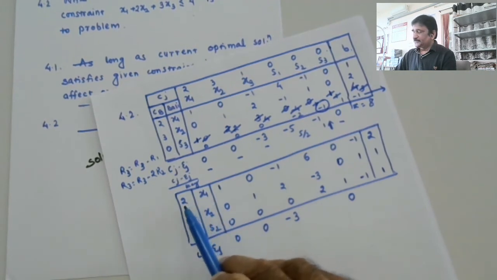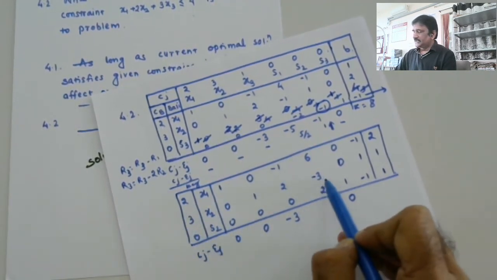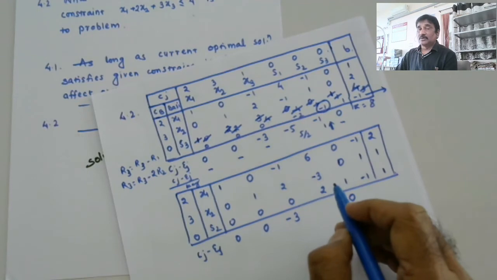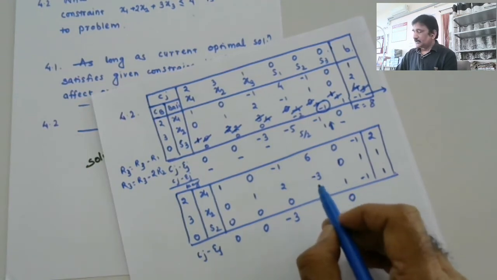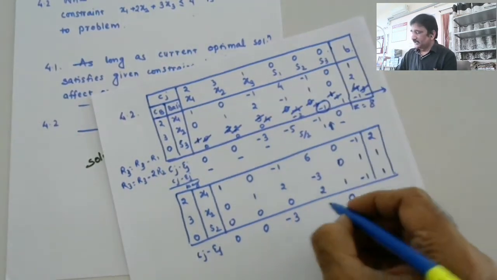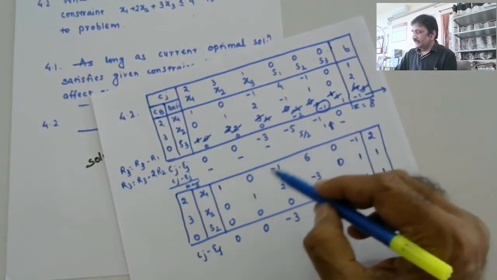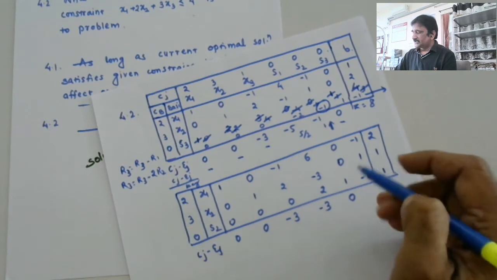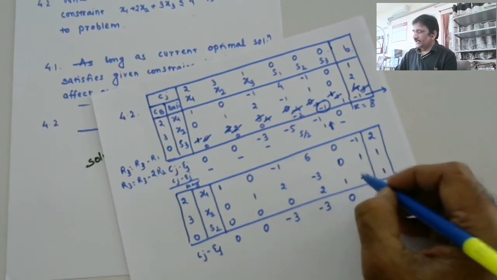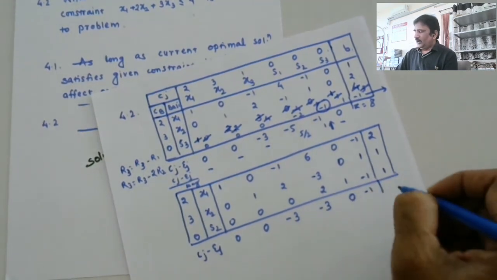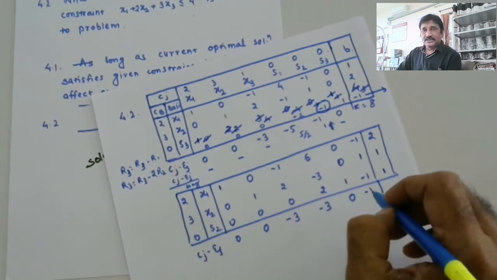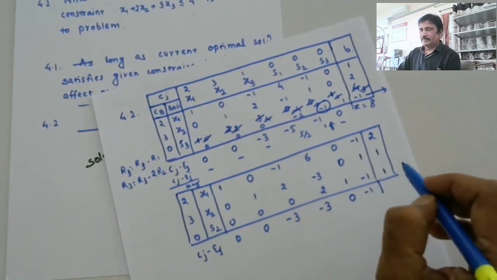Ej, let us first find 12 minus 9. It is coming out to be 3. 0 minus 3 is minus 3. Let's find it at the end. Minus 2 plus 3 is coming out to be 1. 0 minus 1 is minus 1.